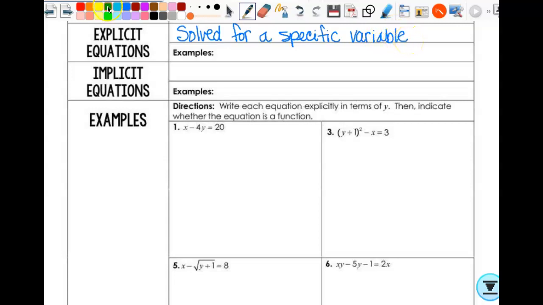Solved for a specific variable. So for example, y equals 3x squared plus 7, that's solved for y, and x equals y cubed minus 5. Okay, so you don't always have to solve for y, it could be p, q, x, whatever. But if it's solved for a variable, that is called an explicit equation.